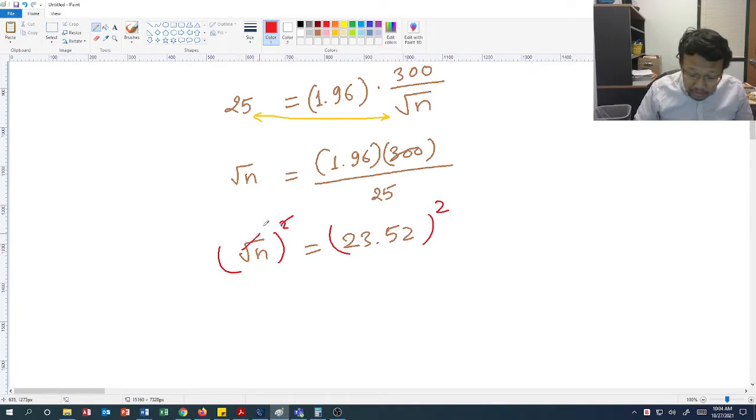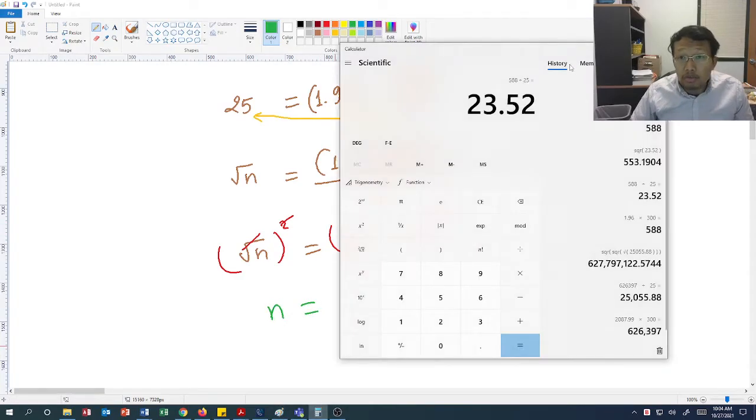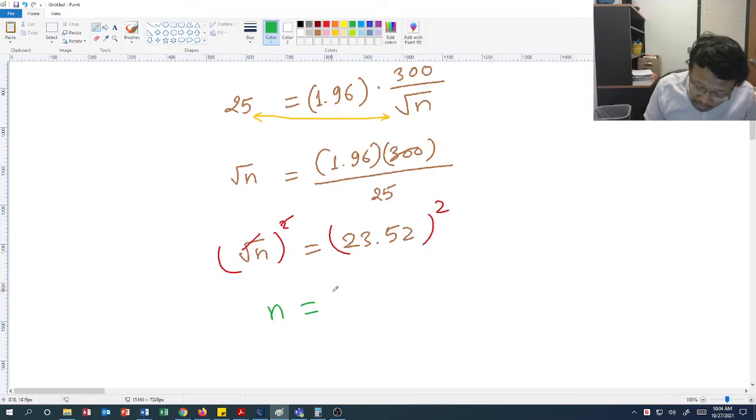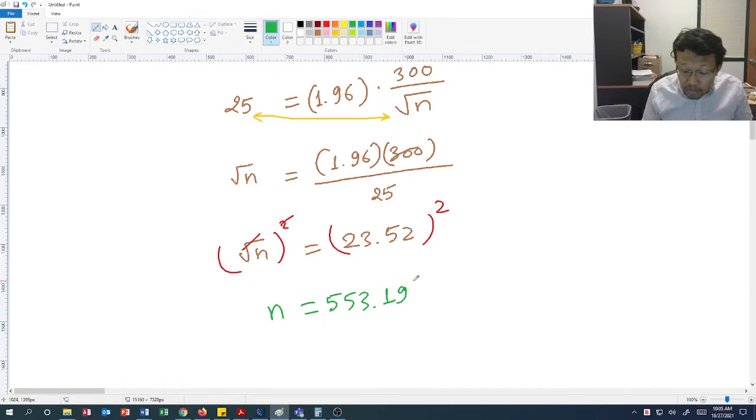This will just cancel out the square root on the left hand side, and thus we get n equals 23.52 squared, which is 553.19. Since this is the sample size, the number of students, I would approximate it to 554.